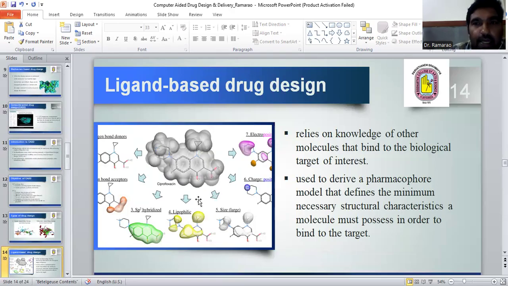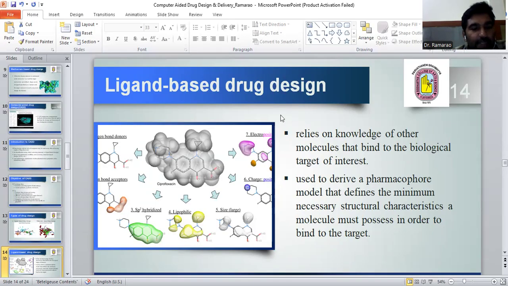In ligand-based drug design, LBDD, the 3D structure of the target protein is not known, but the knowledge of ligands which bind to the desired target is known. These ligands can be used to develop a pharmacophore model, a molecule which possesses all the necessary structural features for binding the target active site.